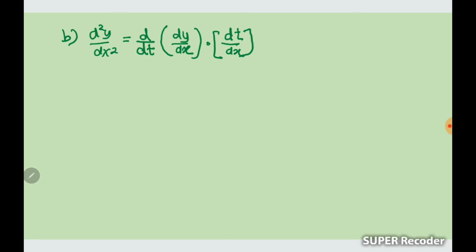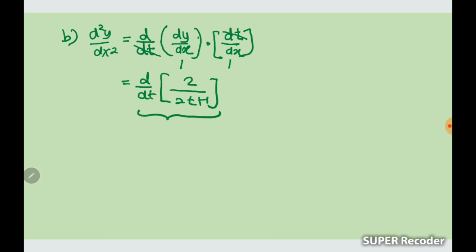Remember that we can cancel out dt and dt. So when you see the formula here, it is d squared y over dx squared. Okay, so you need to differentiate dy/dx with respect to t. So what is the value for dy/dx? 2 over 2t plus 1. So you differentiate dy/dx here. After you differentiate, you have to multiply with dt/dx.